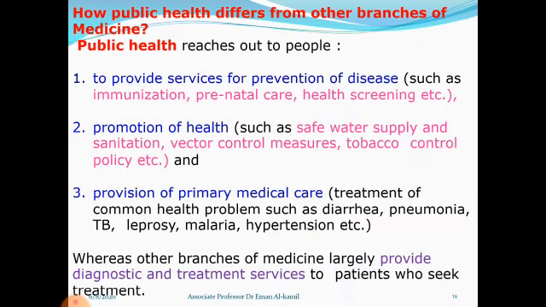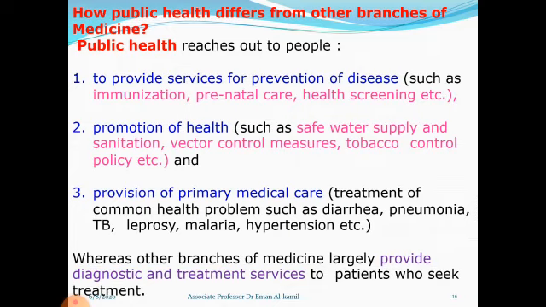There are a large number of vectors regarded as a cause of disease, so it is important to control these vectors and thereby control the diseases. Also, the use of tobacco control policy.